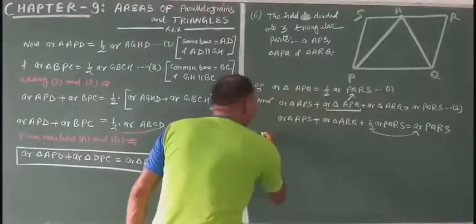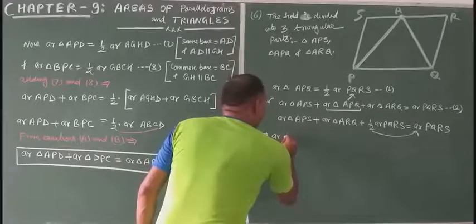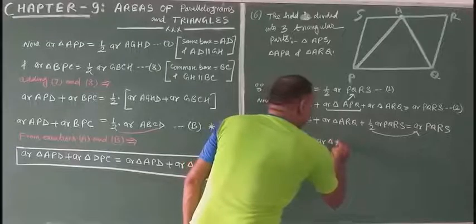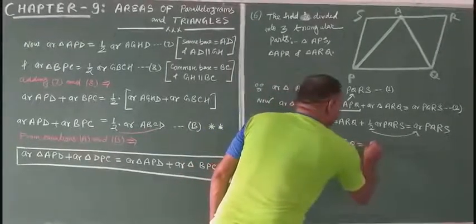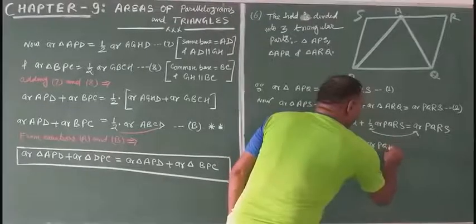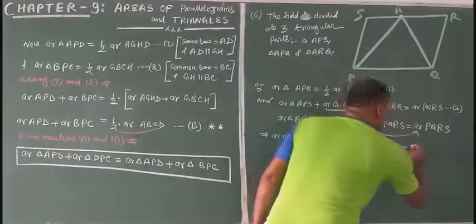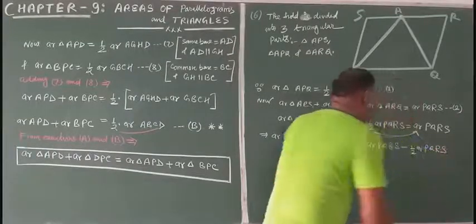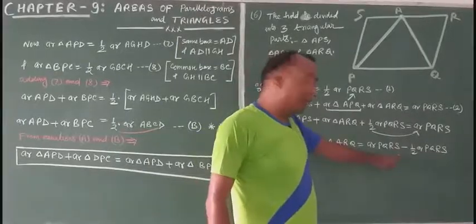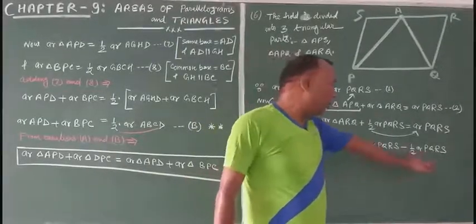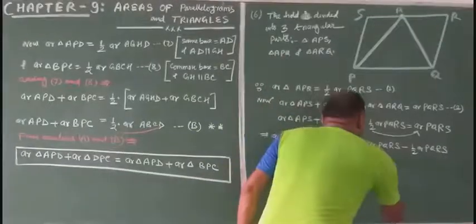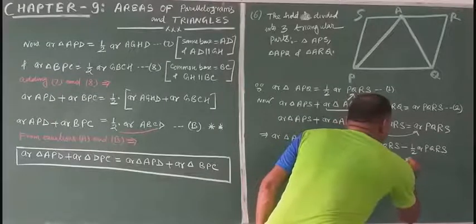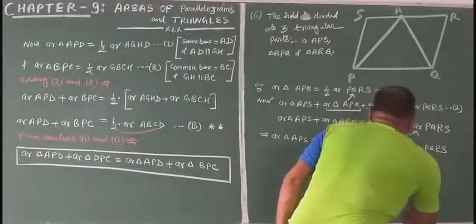So what will happen? Area of triangle APS plus area of triangle ARQ will be area of parallelogram PQRS minus half of the area of parallelogram PQRS, which will be equal to half of the area of parallelogram PQRS. Suppose this is equation number 3.